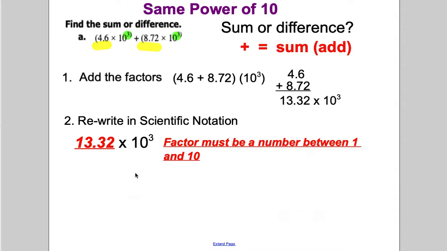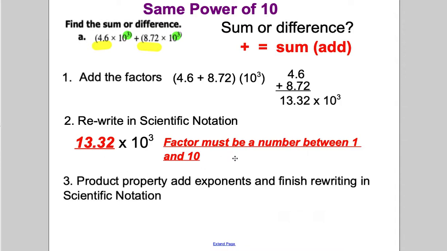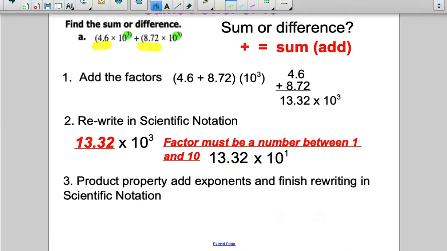The first factor must be between 1 and 10. 13.32 is not. So in order to make that into scientific notation, I'm going to multiply it by a power of 1. That means I'm just going to move the decimal point one place over. So in order to do that, what I really did was multiply by a power of 1.